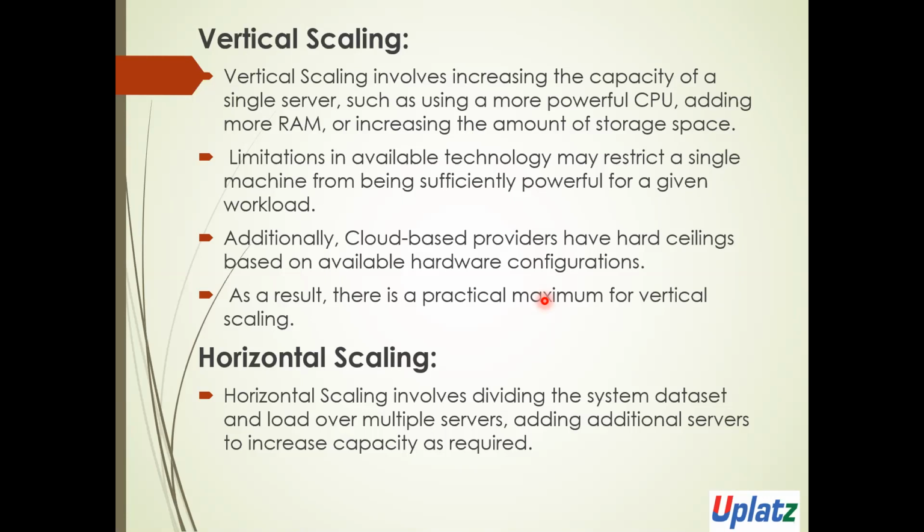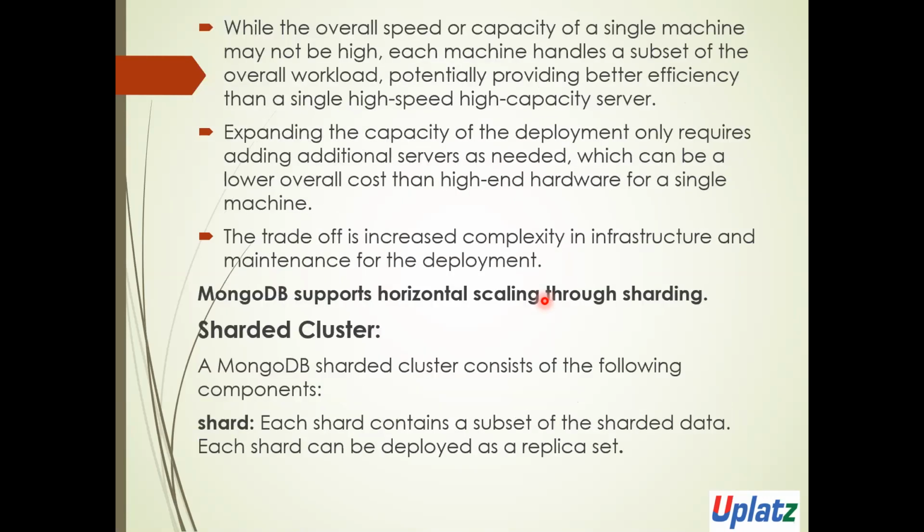Whereas horizontal scaling divides the data sets and load over multiple servers. Additionally, for those servers, it will increase the capacity as required, so each machine handles part of the workload.